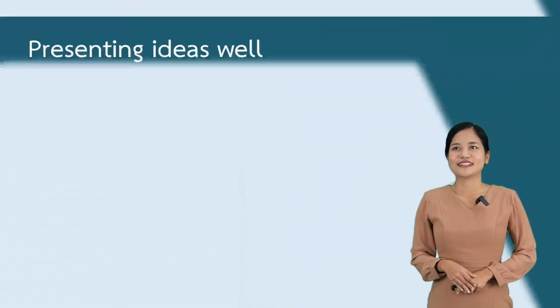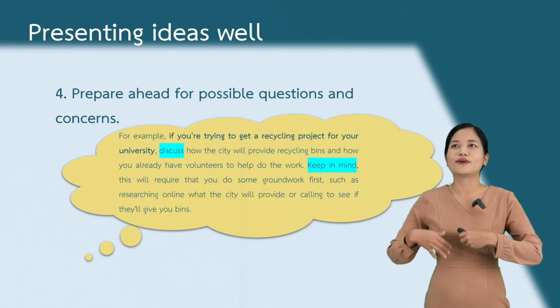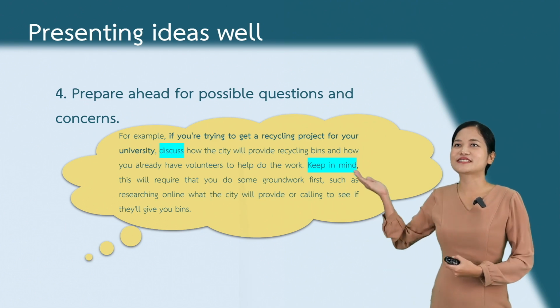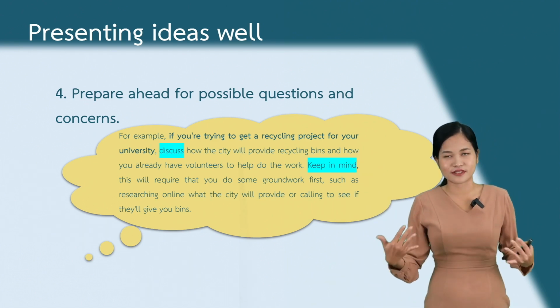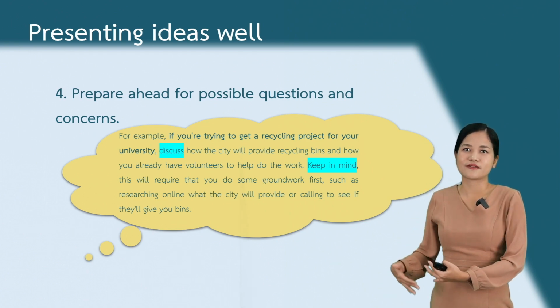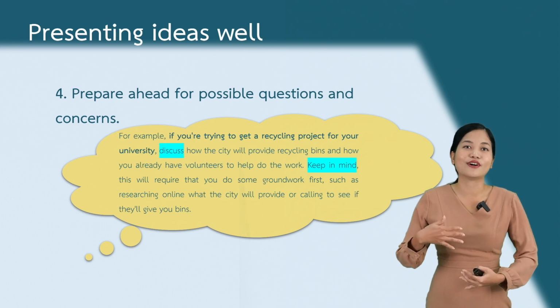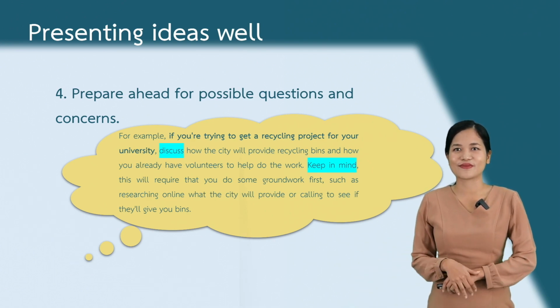Okay. Next one in this part, prepare ahead for possible questions and concerns. For example, if you're trying to get a recycling project for your university, you need to discuss with your friends first, but be prepared that there may be some possible questions or concerns from them.